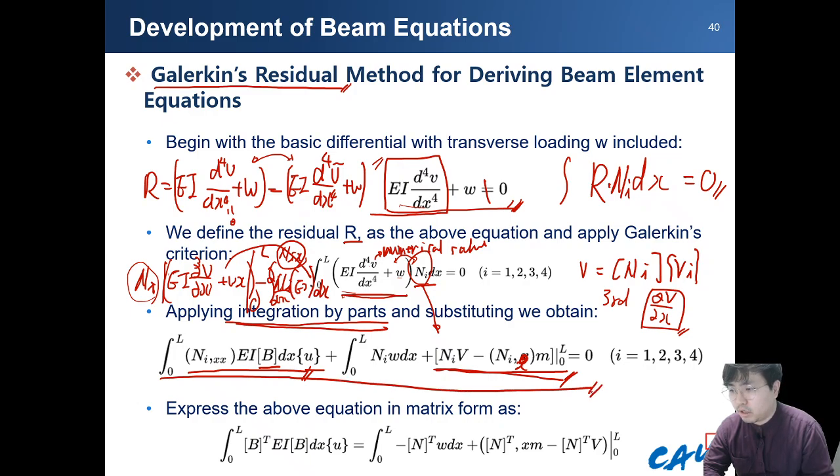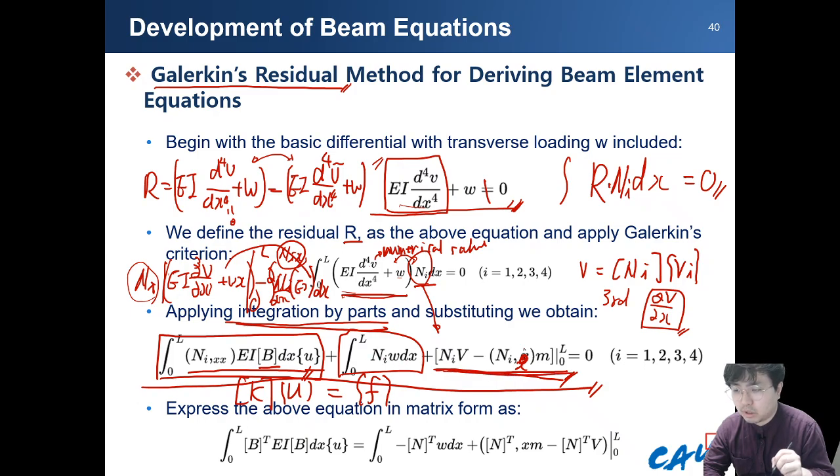relationship. I already mentioned that this part is the ku part, and this part can be expressed as a force part. This part is due to the distributed force load, and this part is due to the external force.